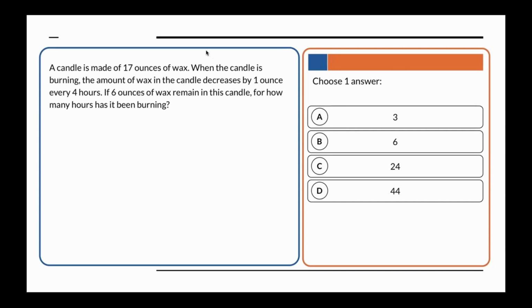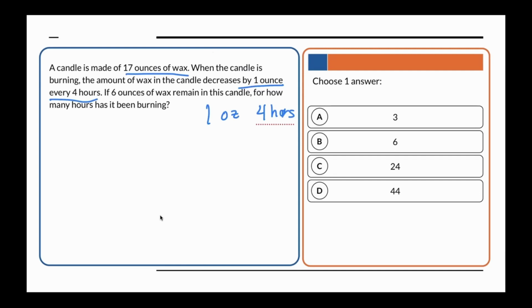So a candle is made of 17 ounces of wax. When the candle is burning, the amount of wax in the candle decreases by 1 ounce per every 4 hours. So I write 1 ounce, 4 hours. Everything I'm writing is what I would write if I were taking the exam on my piece of paper. Okay.